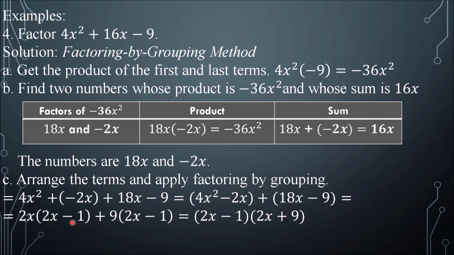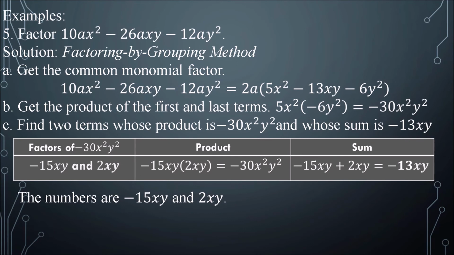So 2x minus 1 in the first group, 2x minus 1 in the second group. That's our goal. Now, after getting that, that will be our common monomial factor, 2x minus 1. And the remaining factor now is 2x plus 9. So, the factored form of number 4 is 2x minus 1 times 2x plus 9.